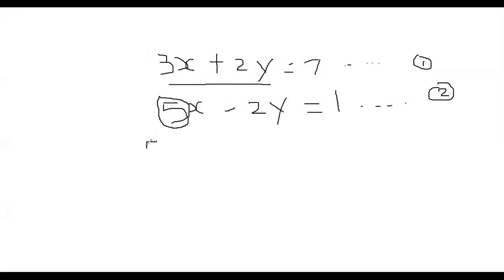Then we take the coefficient of x in equation 1, which is 3, and we multiply it throughout equation 2.